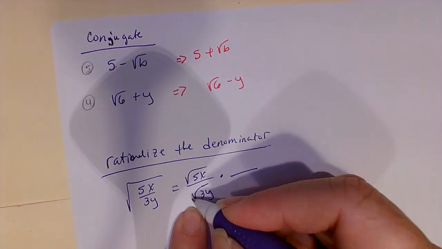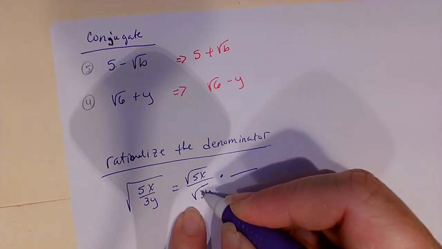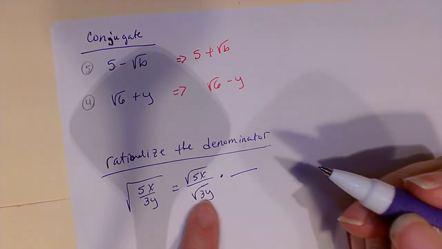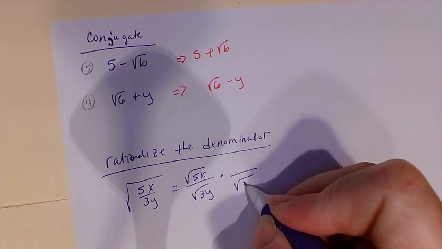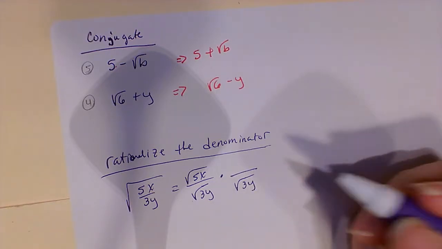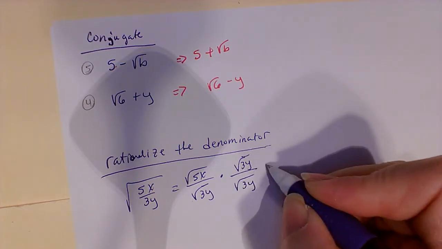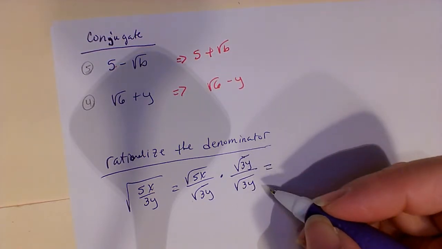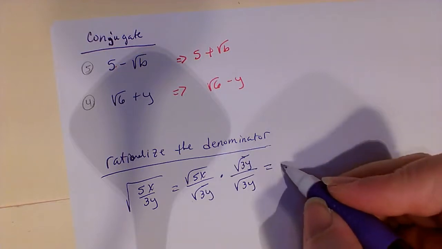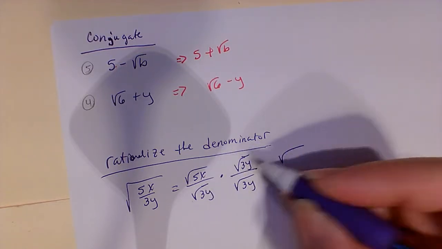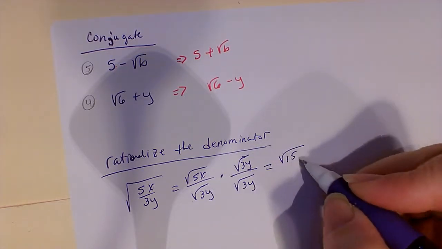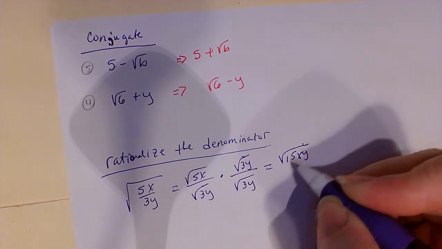So in this case, because it's a square root, I need a pair of 3's and a pair of y's. I already have one of each, so I'm going to multiply by one of each of the other. So I have the square root of 3y over the square root of 3y. You can multiply by 1 and make it look like anything you need to. So on the top, we're going to get 5 times 3, which is 15, and x times y will just be xy.